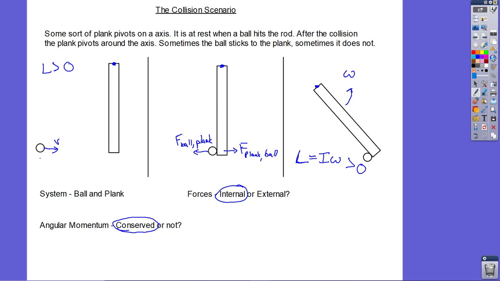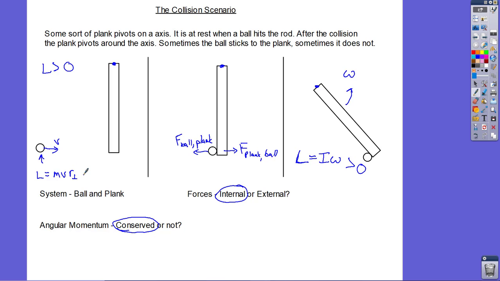Now this is something where I think the AP people bring up this scenario on a regular basis, but they don't give you the formula to deal with it. So let me just give this to you really quick. If you have an object moving in a straight line like this, it can have angular momentum. And everything works out if we define the angular momentum of this ball as equal to its mass times its velocity times r perpendicular.